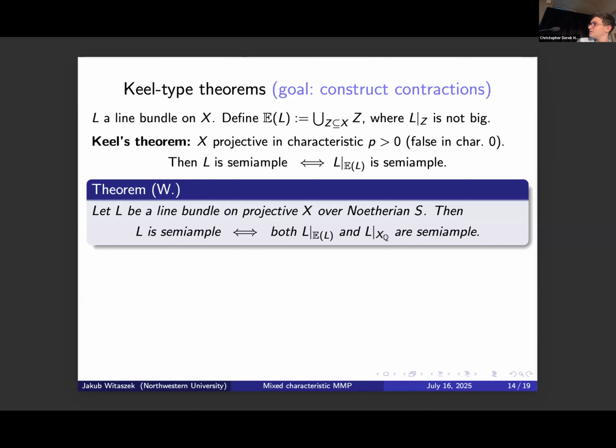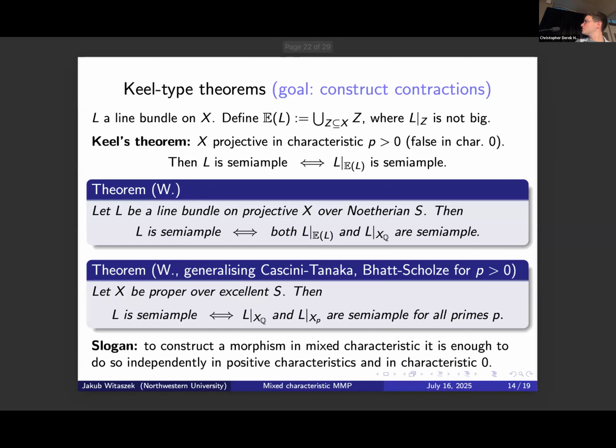Now let me tell you about the final theorem, which very strongly builds on the previous one and also builds upon and generalizes very important work in positive characteristic of Kawakami, Tanaka and Bhatt, Schwede.